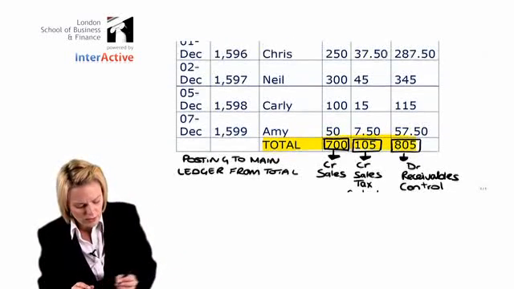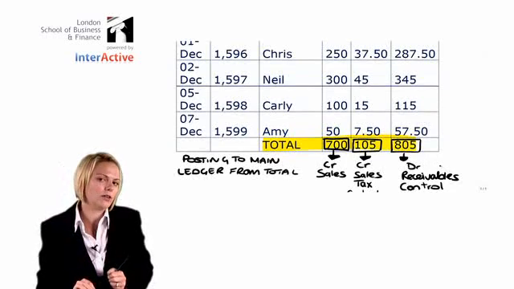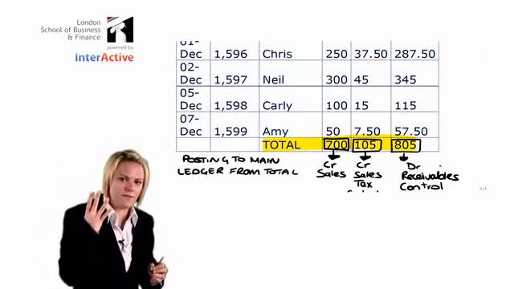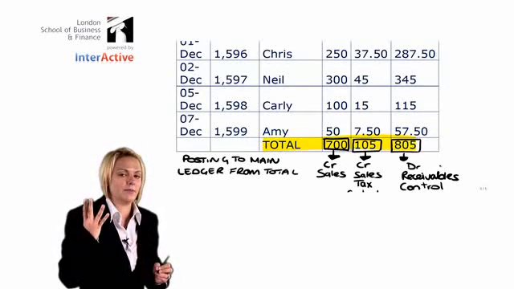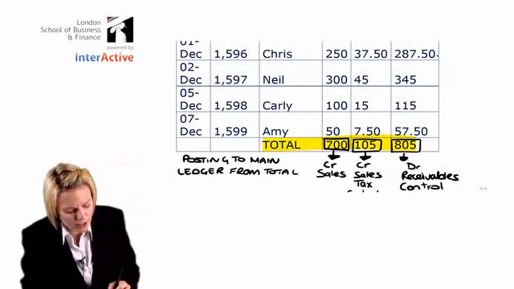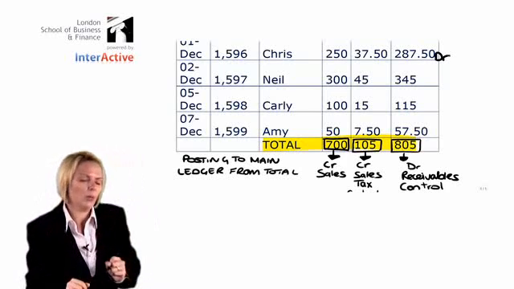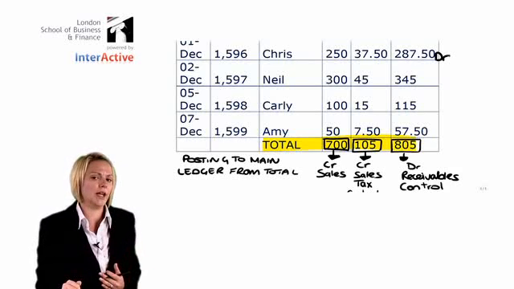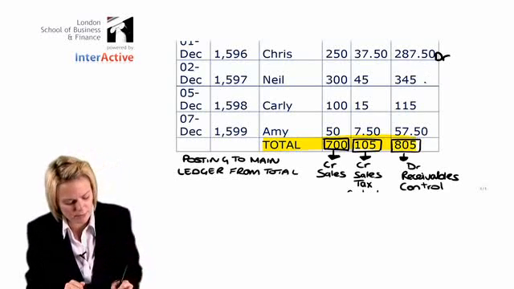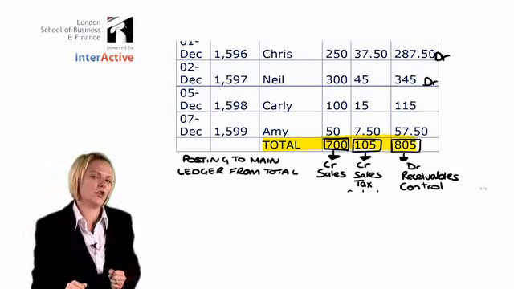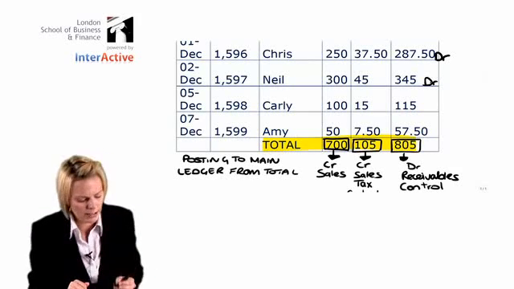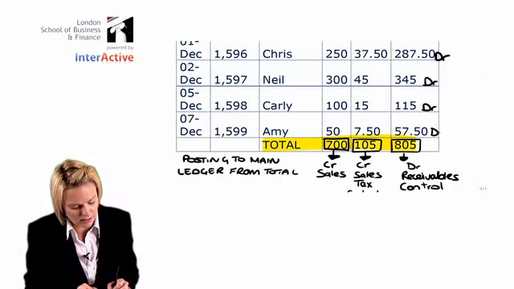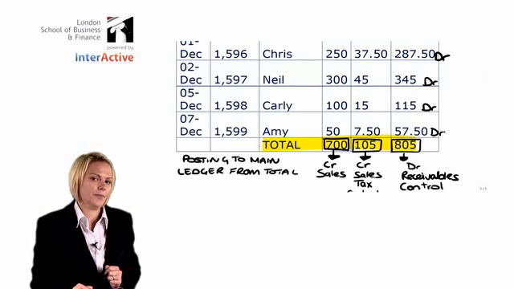So, if we post it to the control account, we've also got to break down that debit of $805 into 4 individual debits. Okay, we need to debit customer Chris's account with $287.50 to show that Chris owes us that money. We need to debit customer Neil's account with $345. We need to debit Carly with $115, and we need to debit Amy with $57.50.